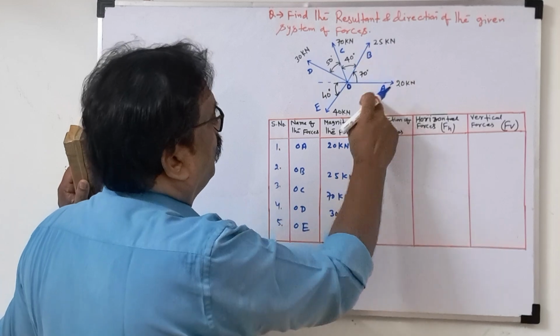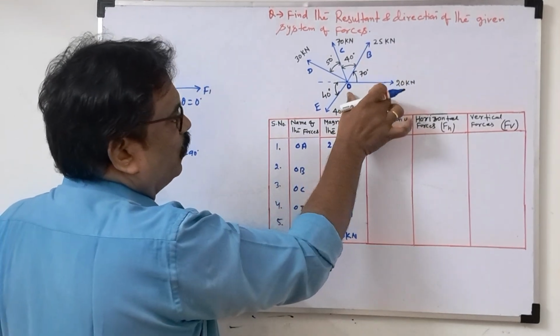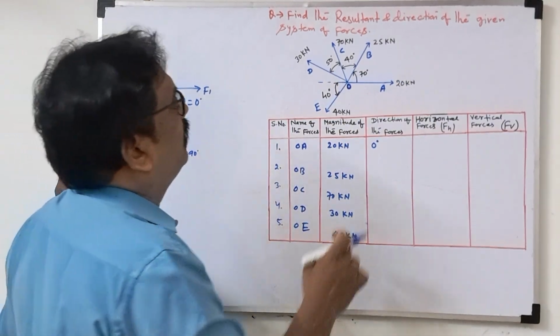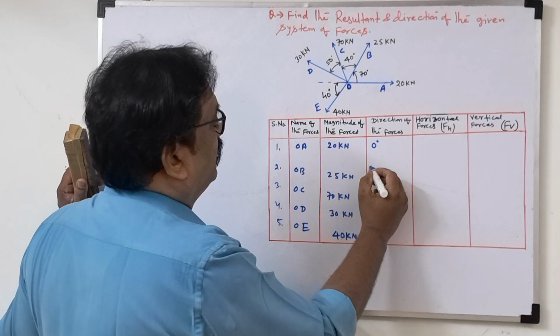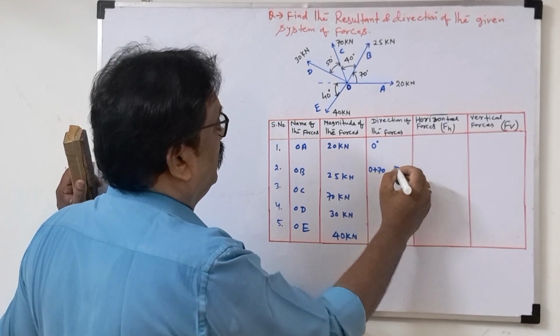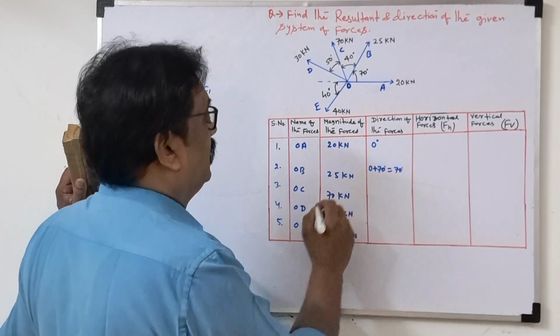Now OB we always take with respect to the horizontal first. With respect to OA horizontal we take all the angles. So O to B is 70 degrees, that is 0 plus 70 degrees. So I wrote this 70 degrees.